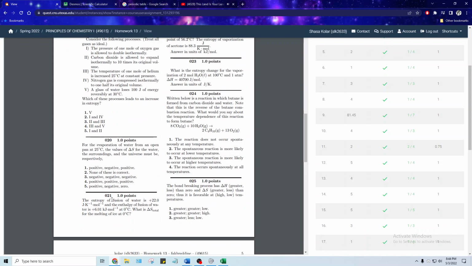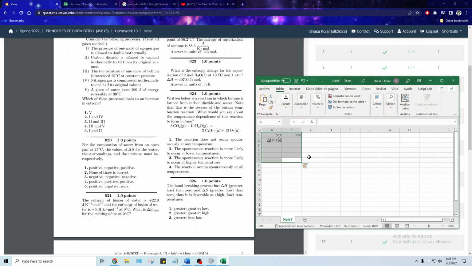The entropy of fusion of water is... Okay, so basically what this is saying is we are at... the delta G for water is 0 at 0 degrees Celsius. So this is going to be delta G of 0.